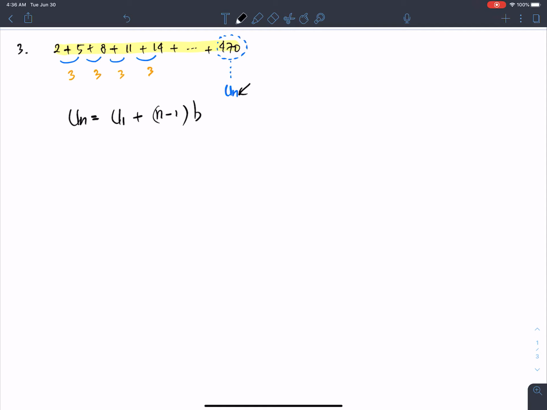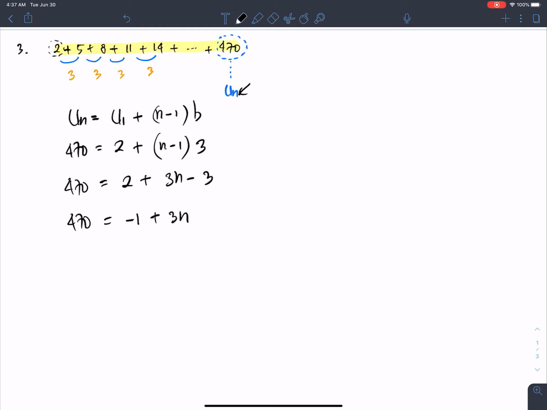The un we have is 470, u1 is 2, plus n minus 1 times b, which is 3. So we calculate, 470 equals 2 plus 3n minus 3, so we have 470 equals minus 1 plus 3n.